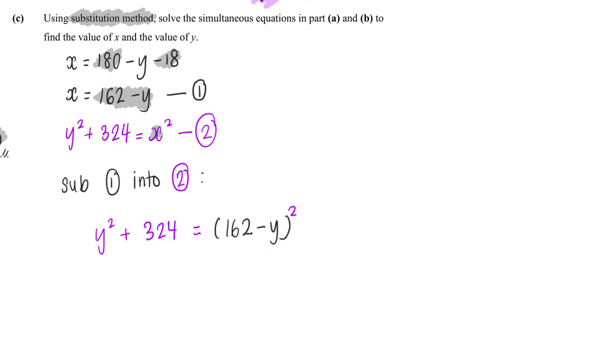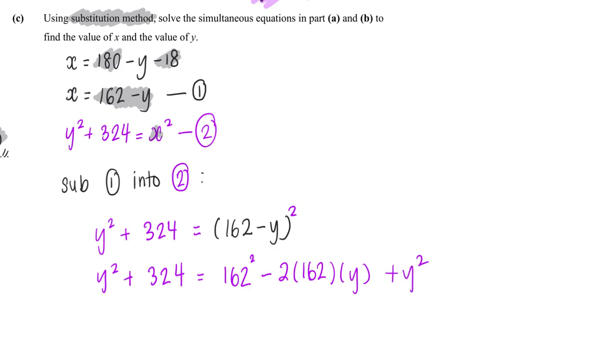Alright? So let's continue. I will then continue to expand and simplify 162 minus y bracket square. So using formula, I will get 162 square minus 2 times 162 times y plus y square. Yep.